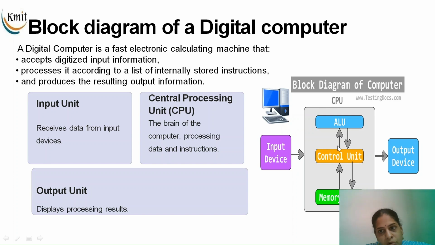The CPU takes the input from the user and processes the data as well as the instructions which are being given by the user. Moreover, the CPU is also called the brain of a computer. And coming to the output unit, it displays the output results to the end user.